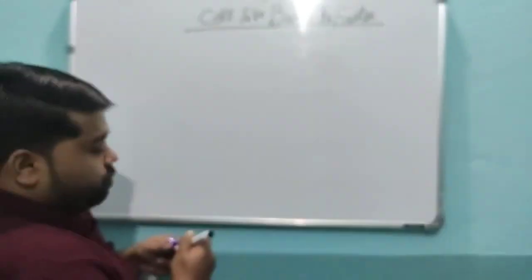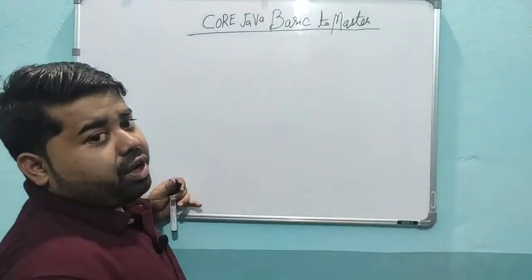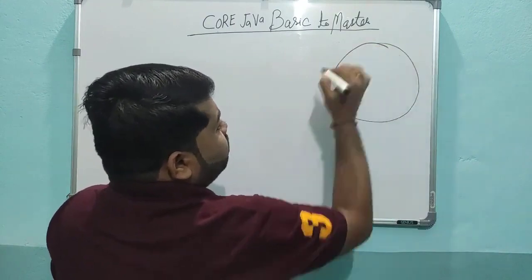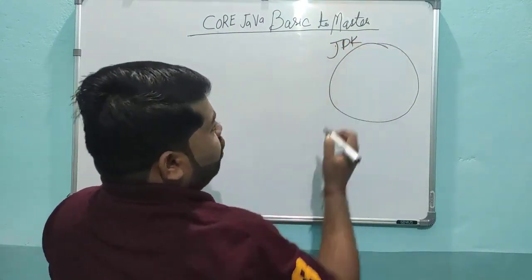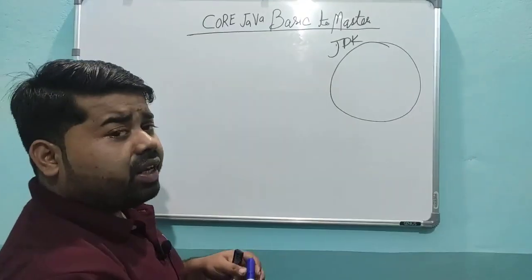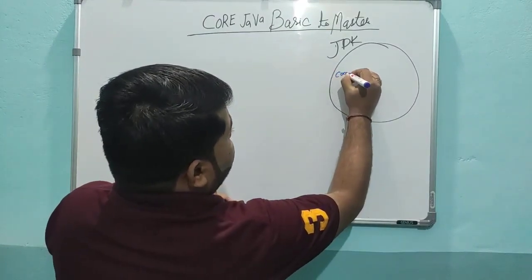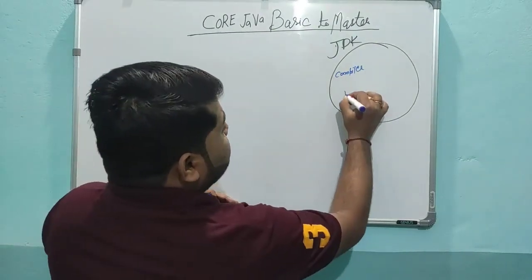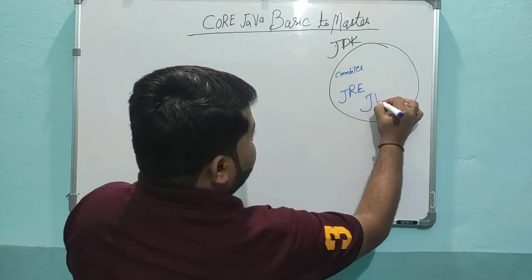So first of all, if you want to execute your Java, you have to install the JDK software. Inside this JDK we have three inbuilt components, that is the compiler, and we have a JRE, or we have a JVM.